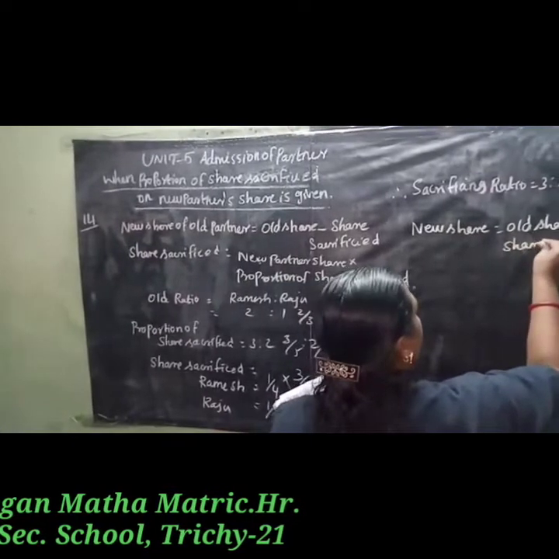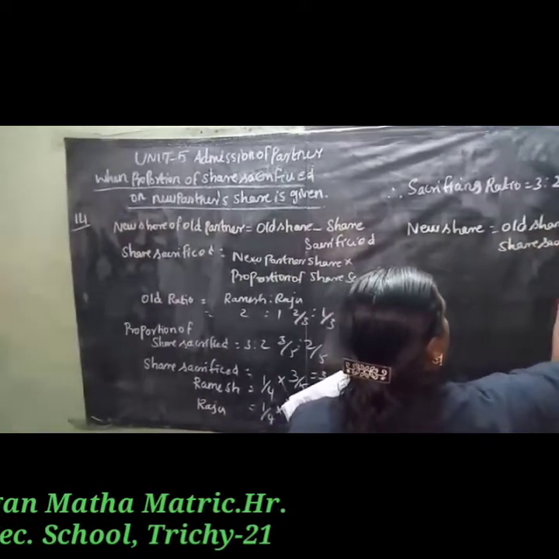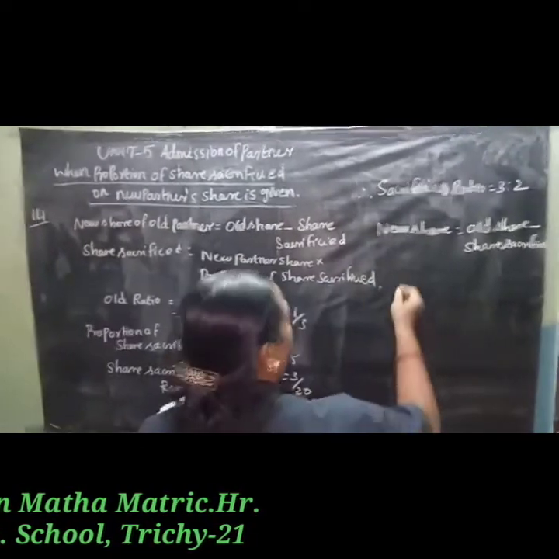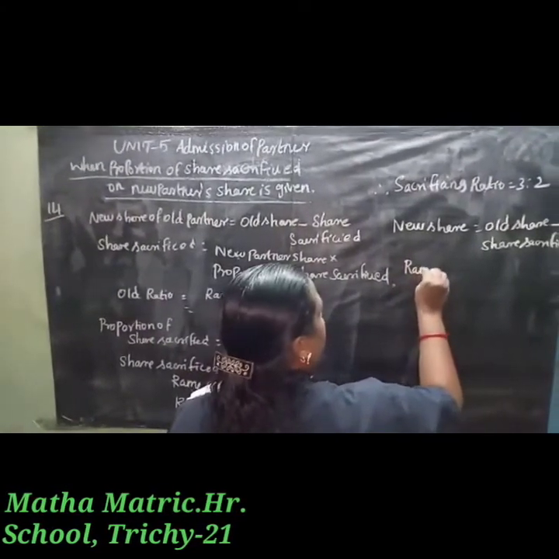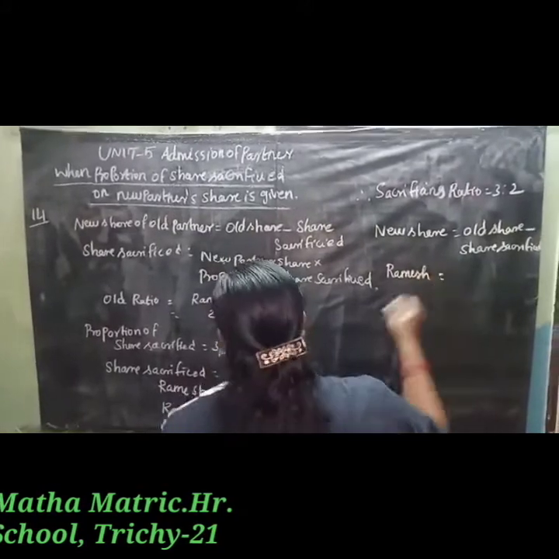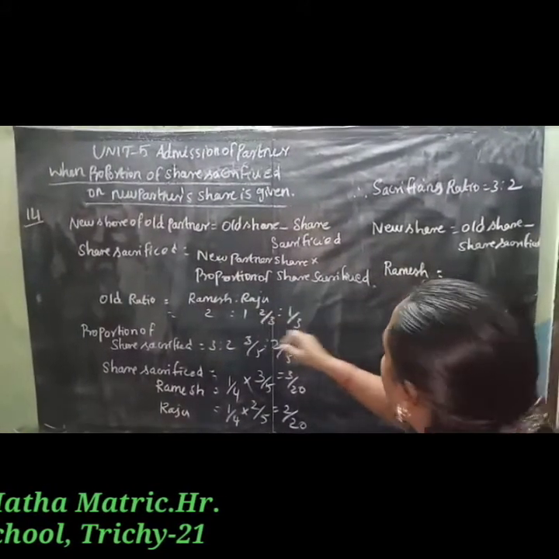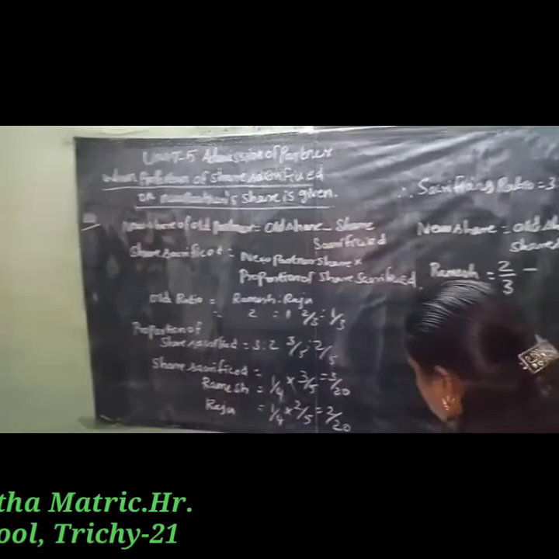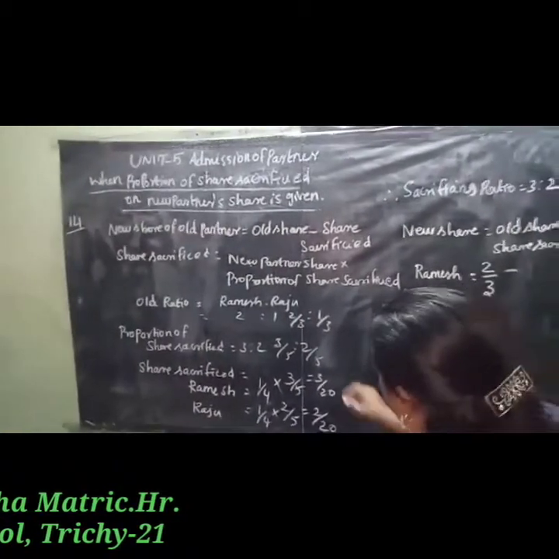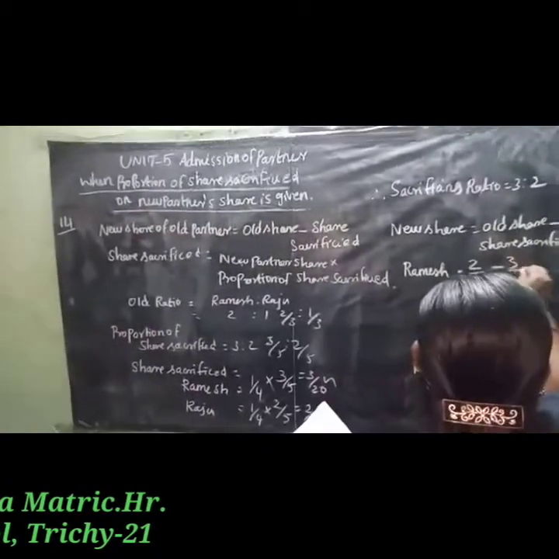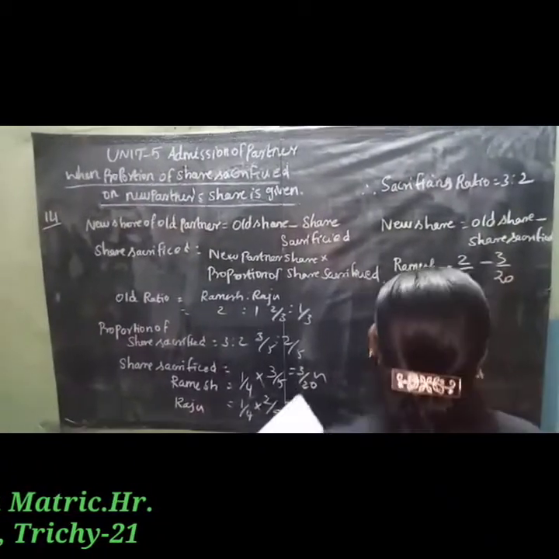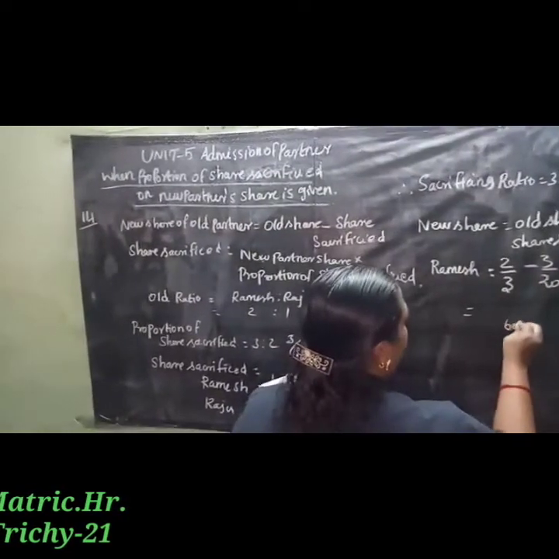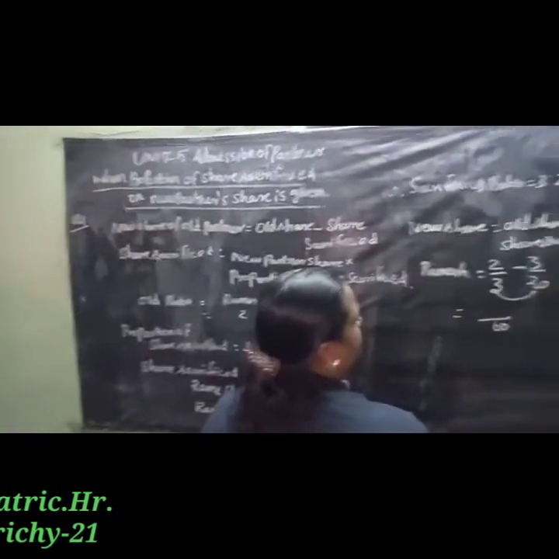First for Ramesh: the old share, as already written, is 2/3, and the share sacrifice is 3/20. We take the LCM, 60.